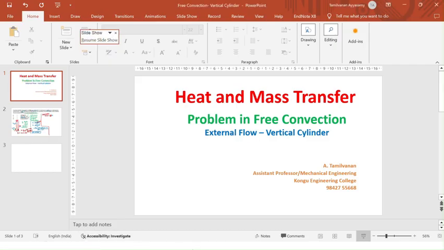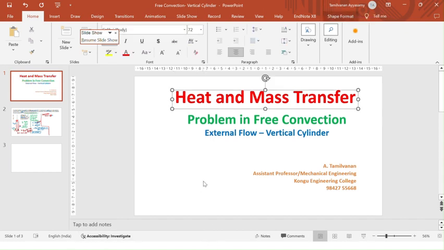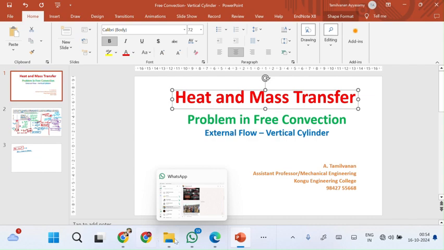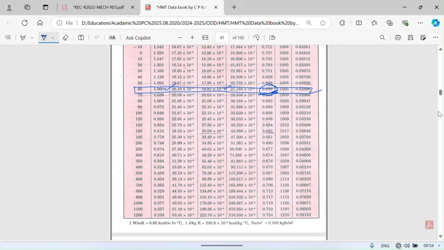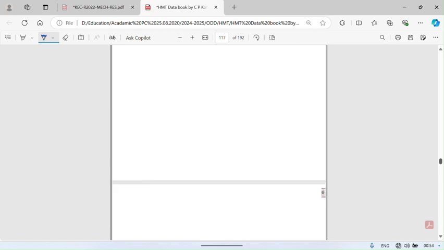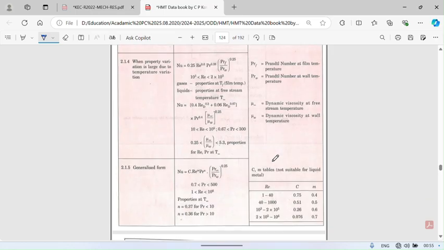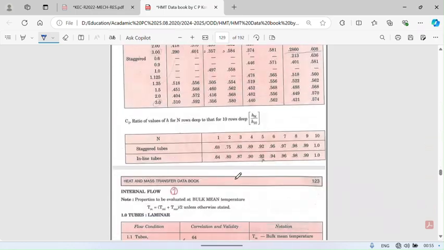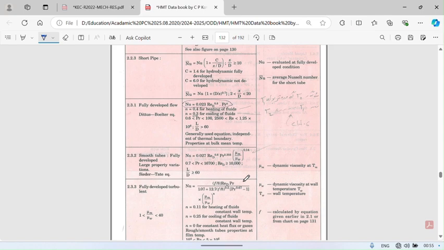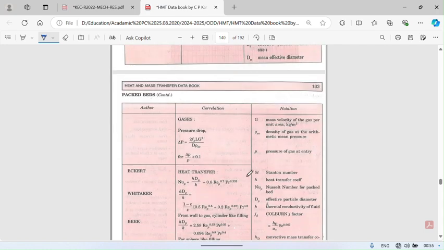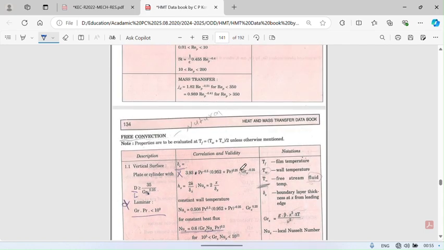Listen, here in the formula, in the HMT data book, in the free convection column, it's a free convection. So in a free convection column, the flow is turbulent.